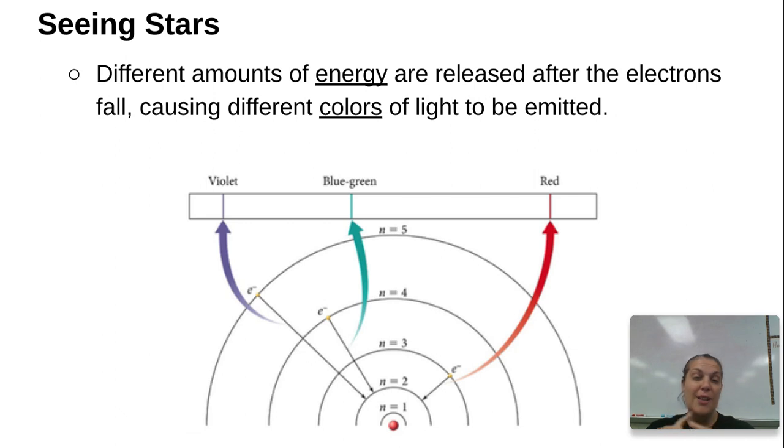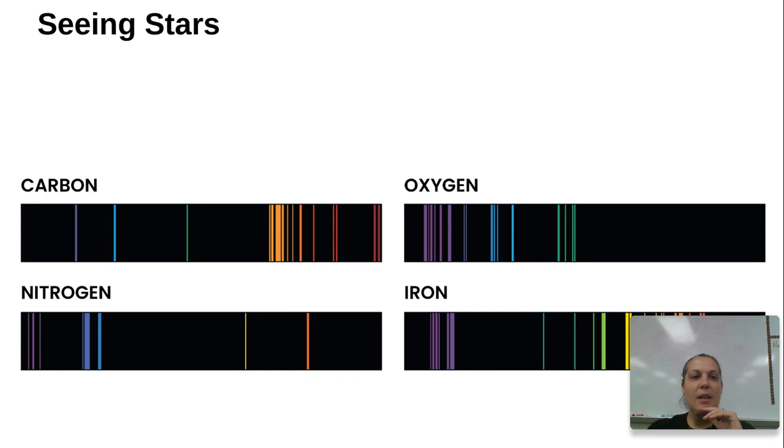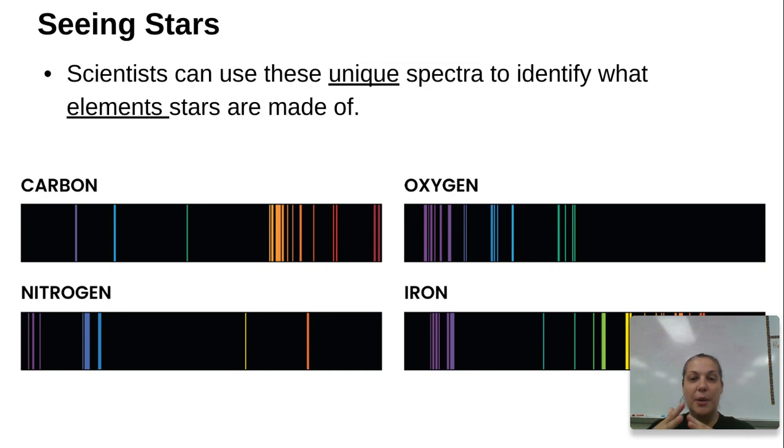Our ROY G. BIV. Red is lazy, where our violet end is hyper, has a lot more energy along the way. So what do we do? Well, all elements have different distances, and that's going to cause a unique amount of energy, and therefore unique spectra.